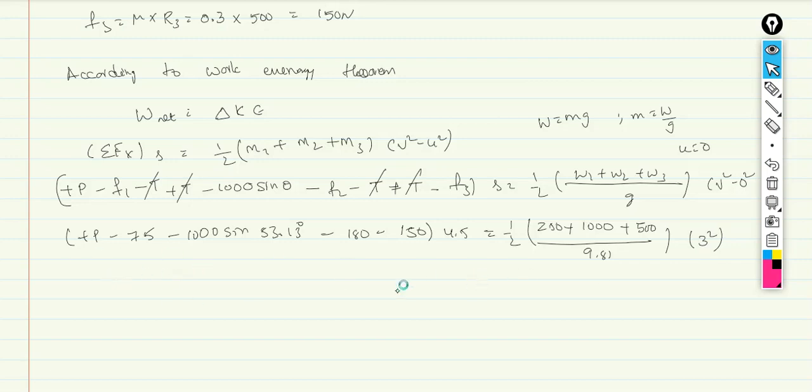So we have all the values, only we don't know what is P. If you substitute everything, you will get P is equal to 1383.38 Newton. If you calculate, you will get that answer. Thank you.